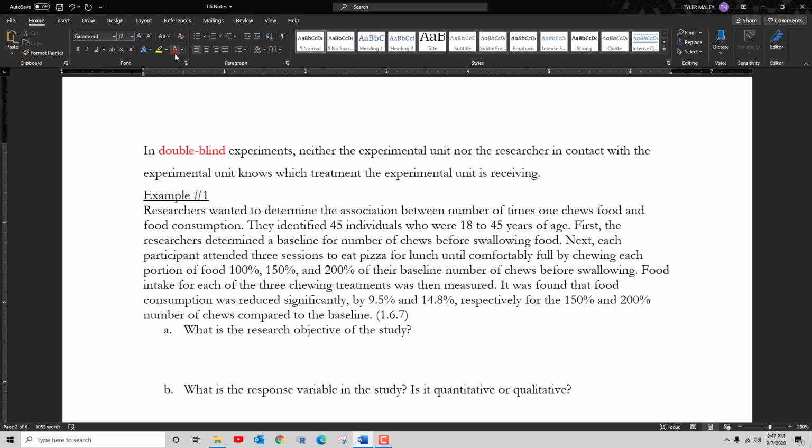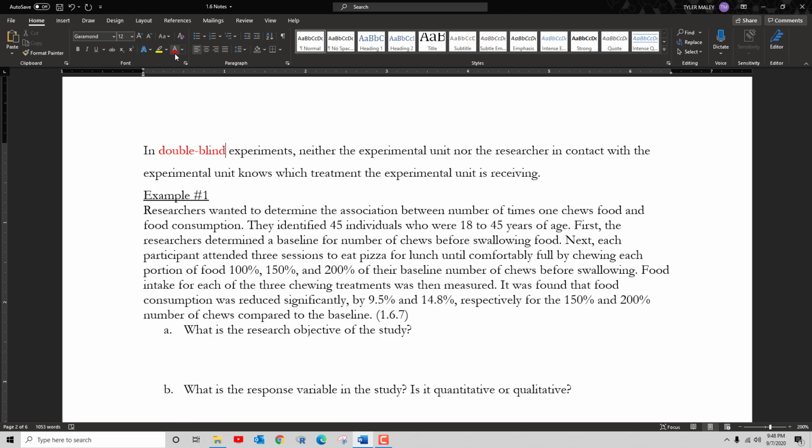So a double blind study is the best option if you can do that, because the researchers that are interacting with the subjects might treat them differently. If they know they're receiving the actual pill versus the sugar pill, they might interact and treat them differently. So we don't want that to happen, right?